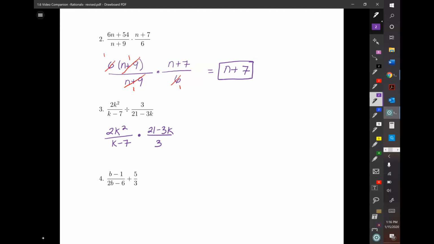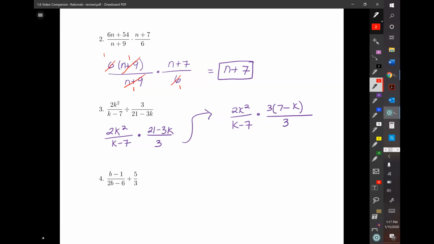So I am going to, right up here off to the right a little bit, factor anything that I can. The 2k squared over (k - 7) just stays. I can't factor anything in there. In the second fraction, 21 - 3k, I can actually pull out a 3, leaving me with 7 - k in the numerator, and then all divided by 3.